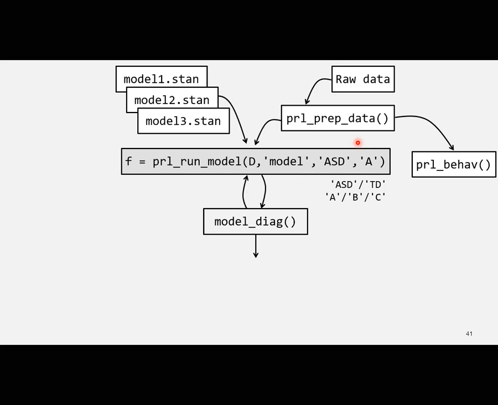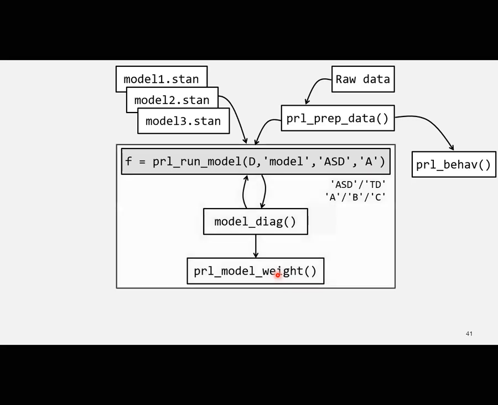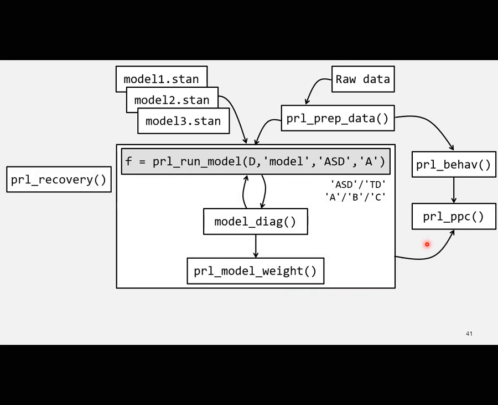If everything is fine, then we do model comparison. Here is a function to tell me which model is the best in terms of out-of-sample predictive accuracy. And then there is the posterior predictive check, to find out if the simulated data using the posterior resemble the pattern of the real data, PPC.